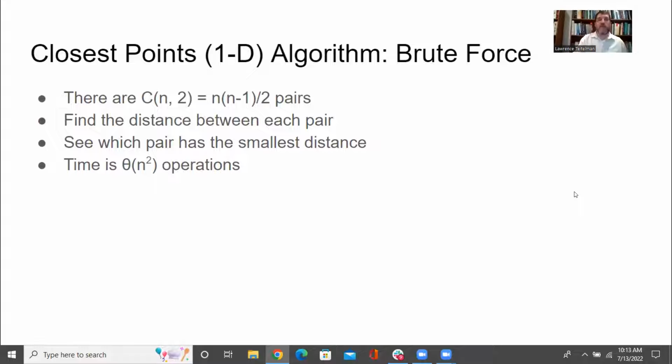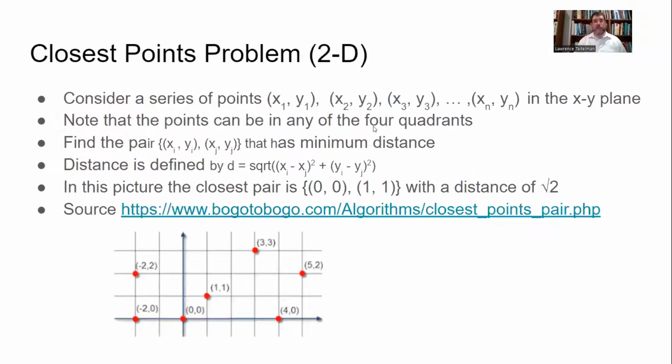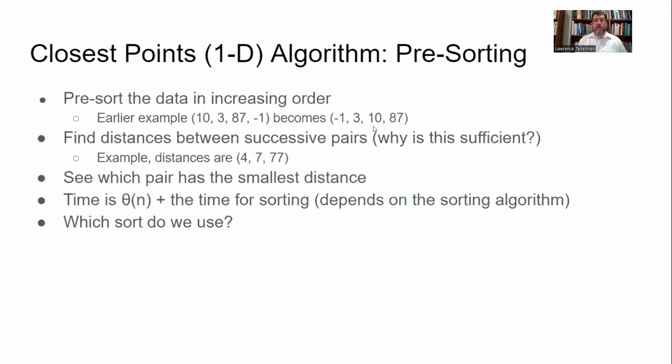All right, now we're going to look at another algorithm. Pre-sorting. This is a strategy in general. Where have we seen this before in this course, where we used pre-sorting as a strategy for making an algorithm more efficient?